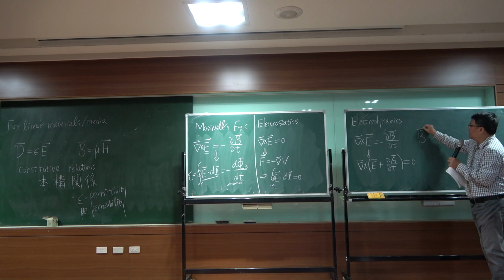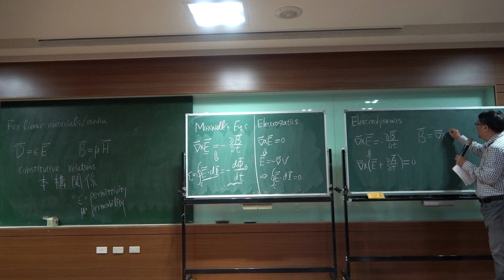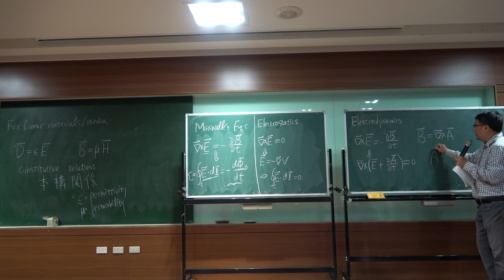here. B is equal to curl A. A is the vector potential.